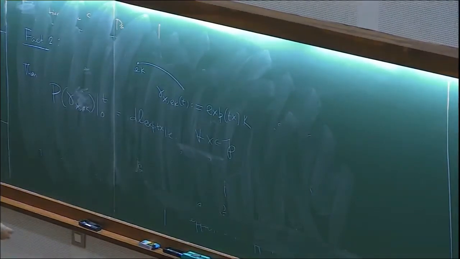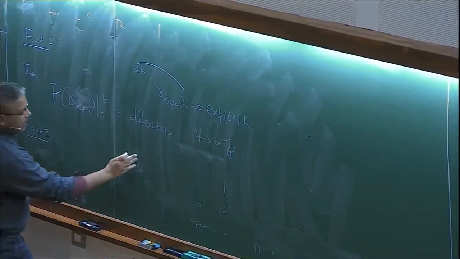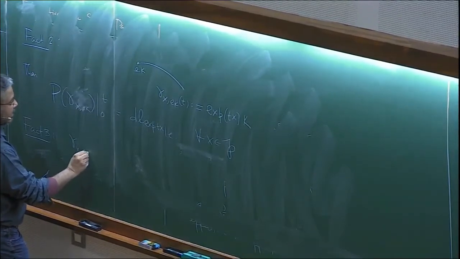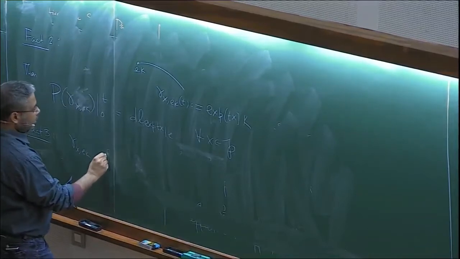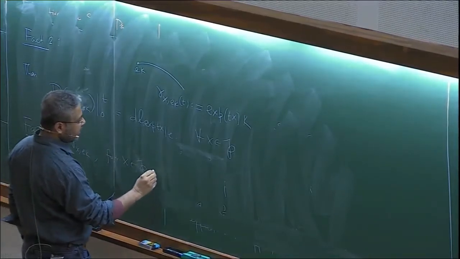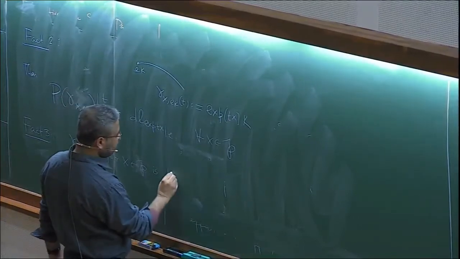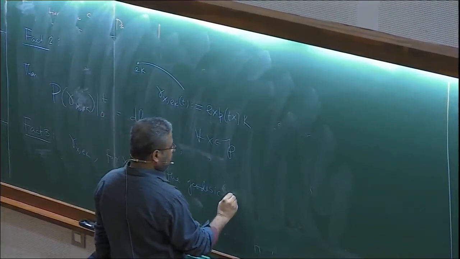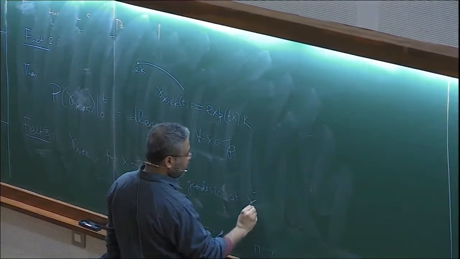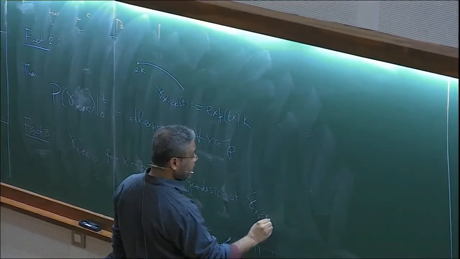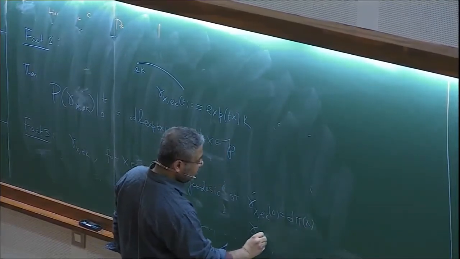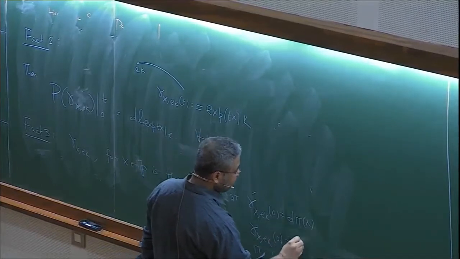Once I have this, fact 3 says that γ_X(t) = exp(tX)K for X in P is the geodesic such that γ_X'(0) is dπ(X), and this is the unique geodesic satisfying this property.